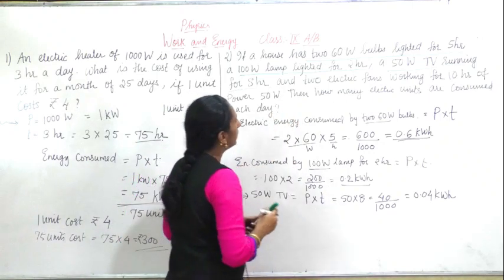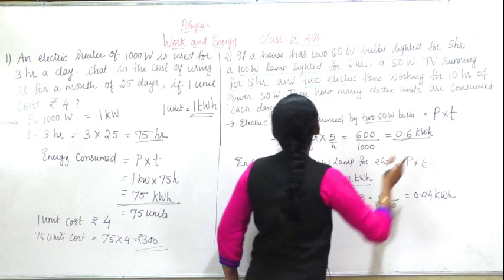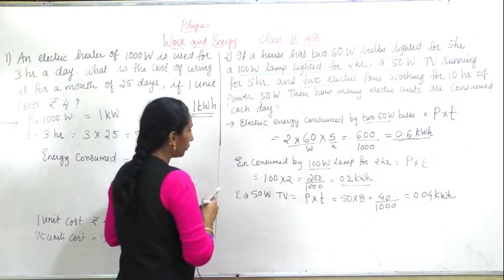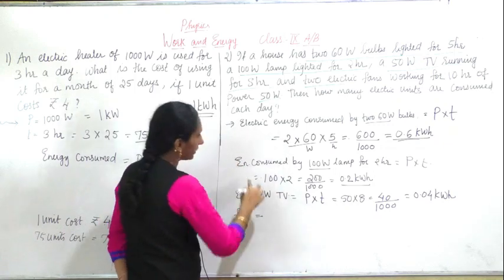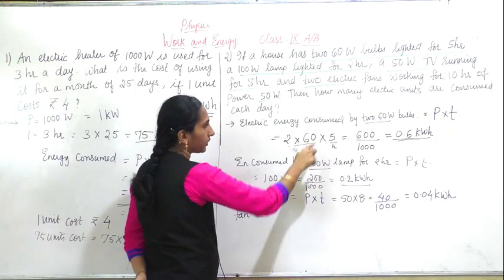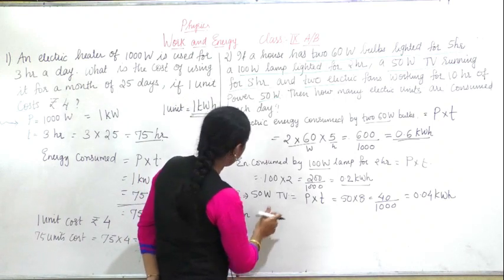And now 2 electric fans working for 10 hours, of 50 watt each. Again here 2 fans are there. For the fans, you have to write this statement as it is: 2 electric fans of 50 watts.